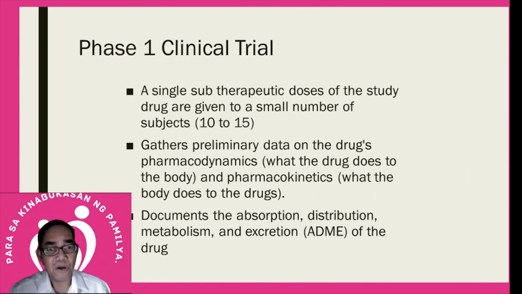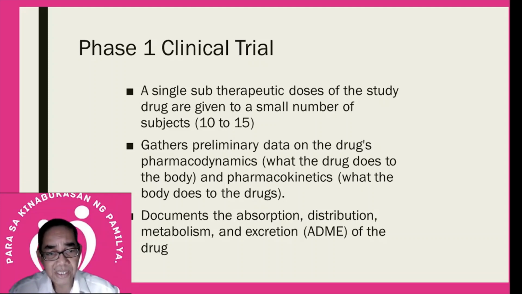Okay, so a phase 1 clinical trial is a single sub-therapeutic dose of a study. A single sub-therapeutic dose of the study is given to a small number of subjects, up to 15 participants. And the dose is sub-therapeutic because it only gathers the preliminary data on the drug's pharmacodynamics, that means what the drug does to the body, and the pharmacokinetics, what the body does to the drug.